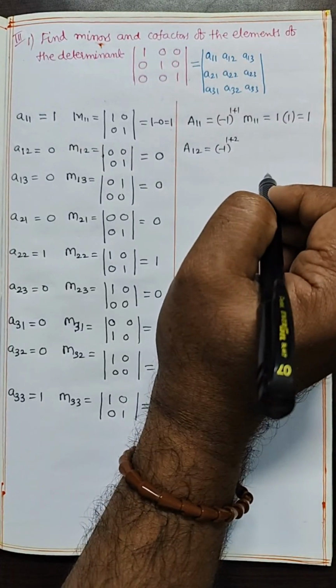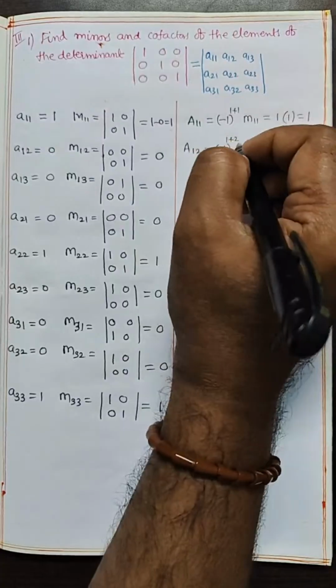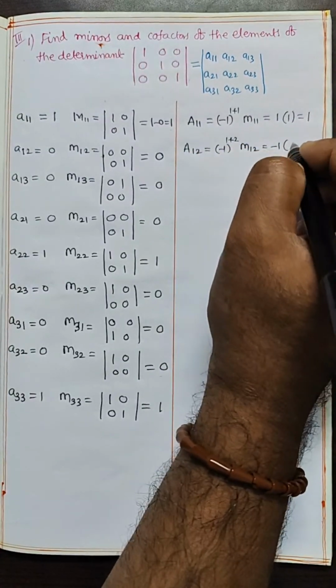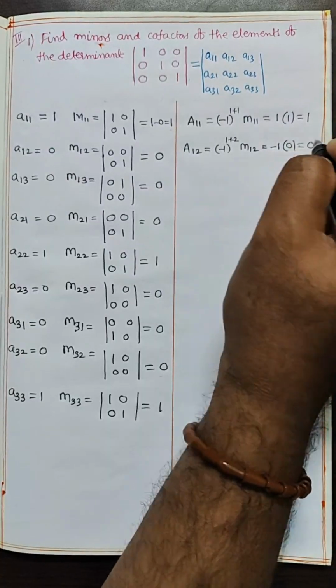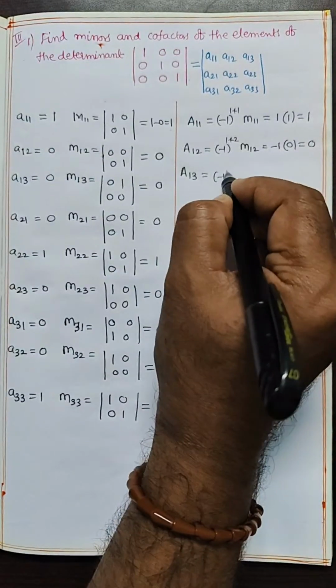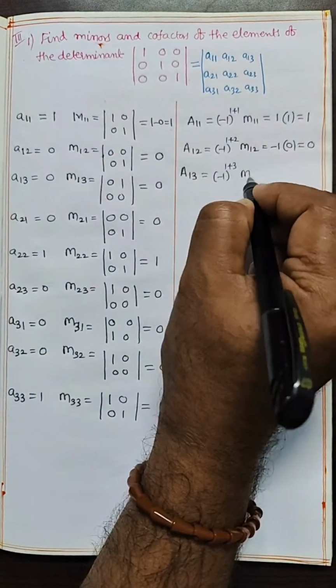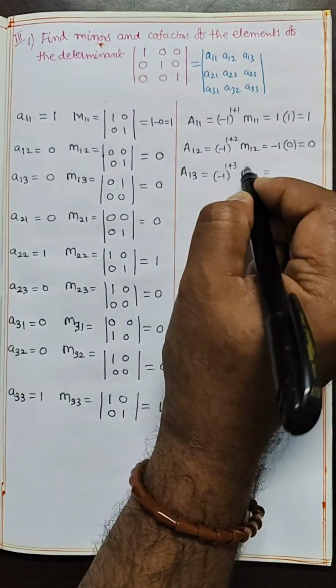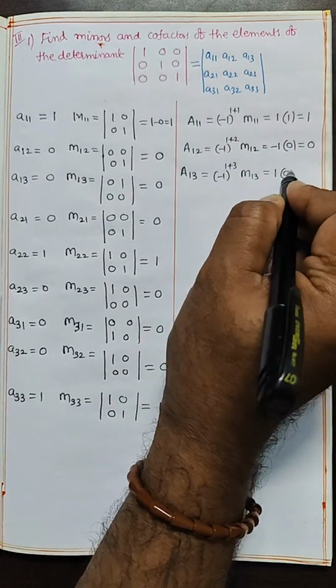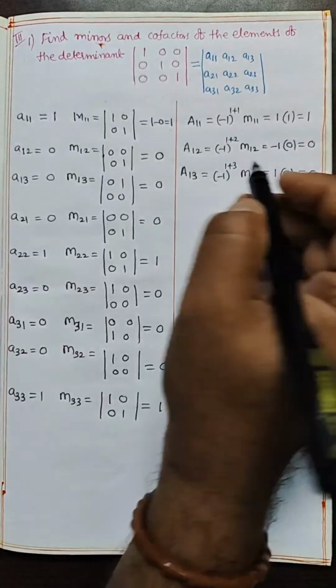So minus 1 into M12 value 0 is 0. Next, A13 is (minus 1) to the power 1 plus 3 into M13. Minus 1 to the power 4 is plus 1, M13 value is 0, so 0.